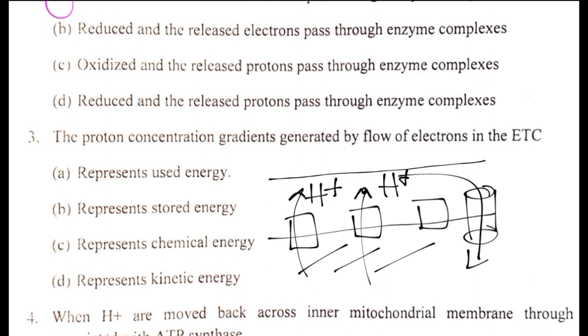And through that, they're going to generate energy. So in other words, these protons that we are pumping store energy. So let's go back to the question. The proton concentration gradient generated by flow of electrons in an electron transport chain represents stored energy. That is the answer.